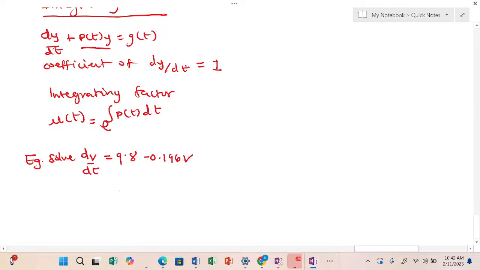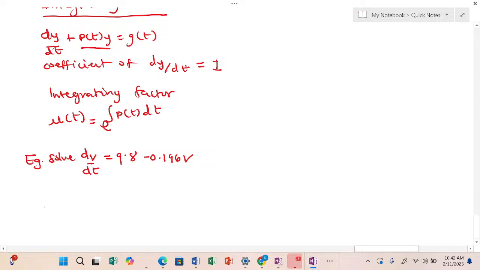So this is our differential equation, and we can see that it's of first order because the highest derivative is the first derivative.